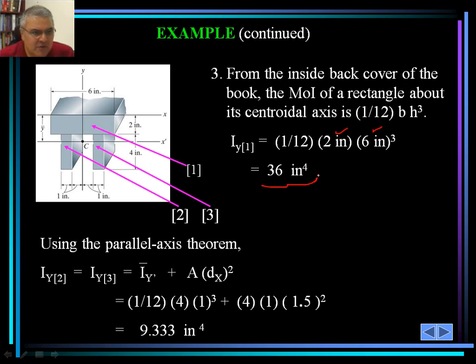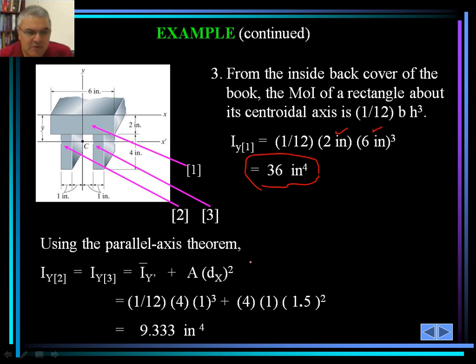Then there's a 36 inch to the power 4. That really would be your I sub y. So we calculate that. Then for 2 and 3, they're the same, they're equal because of the symmetry that exists in this shape.